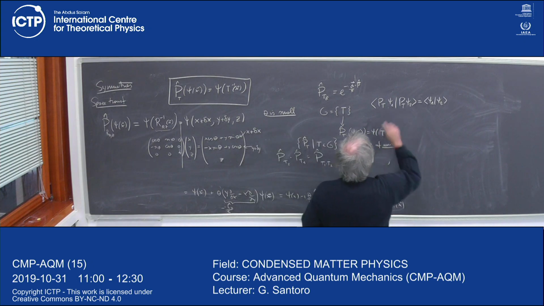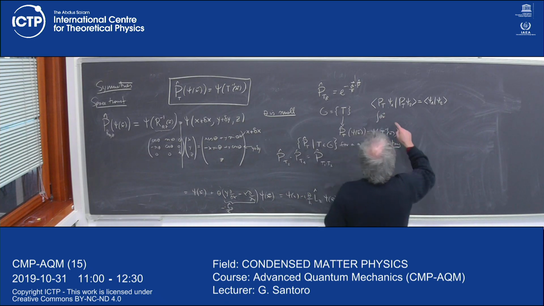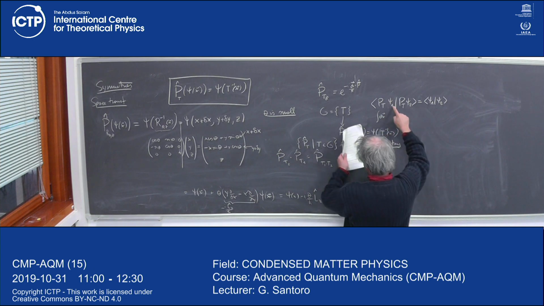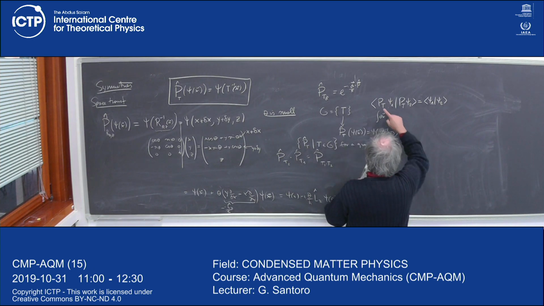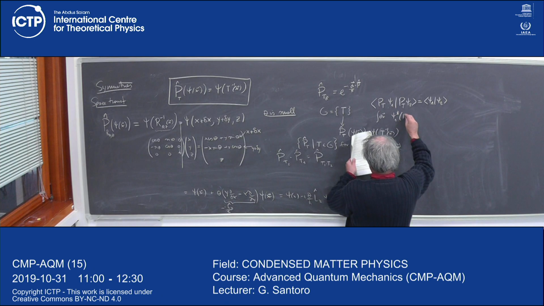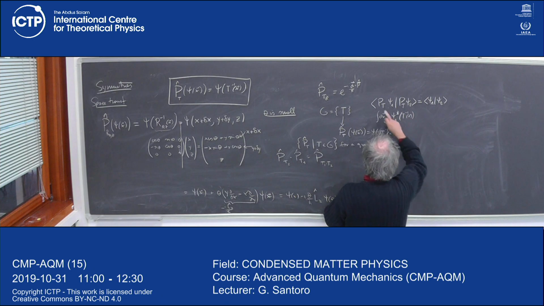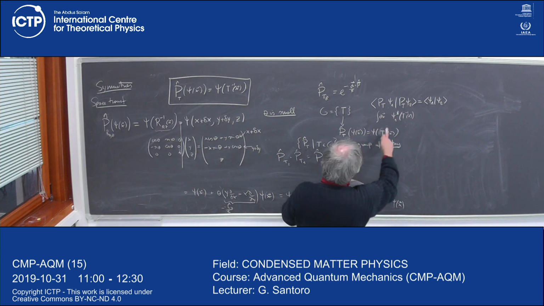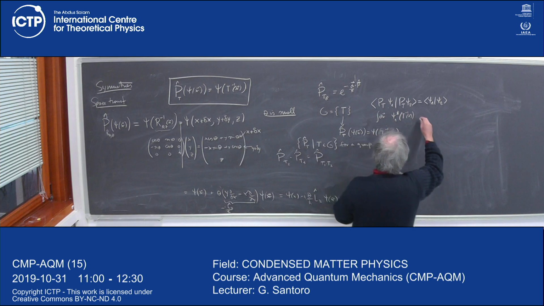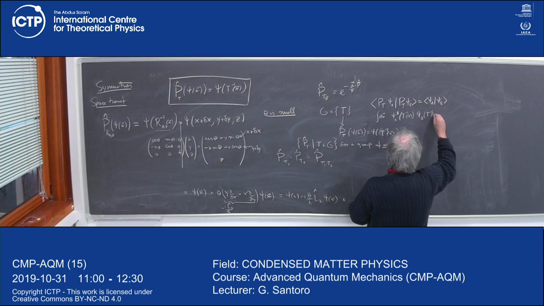Okay, but what is this? This object is nothing but, let's do it, the integral in dx of this element times that. Let me write it as: the first is psi 1 star of t to the minus 1 of x. Okay, this is by definition what Pt does on psi 1. And the second is psi 2 of t to the minus 1 of x.